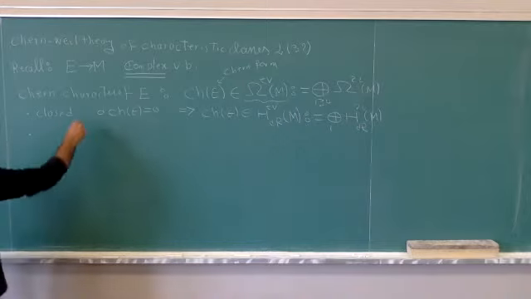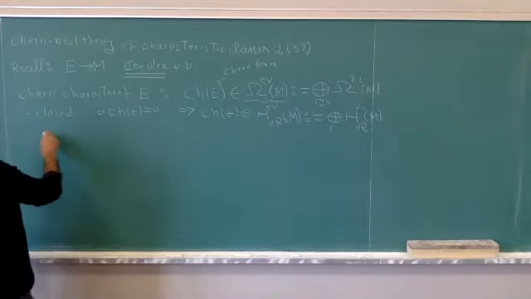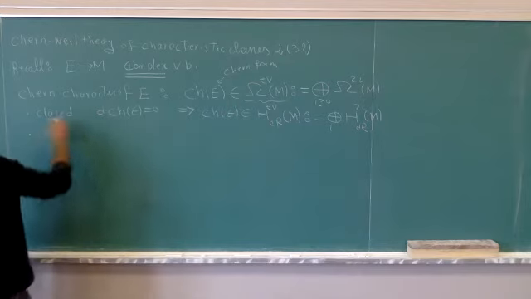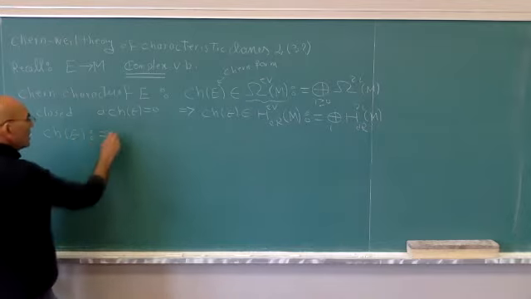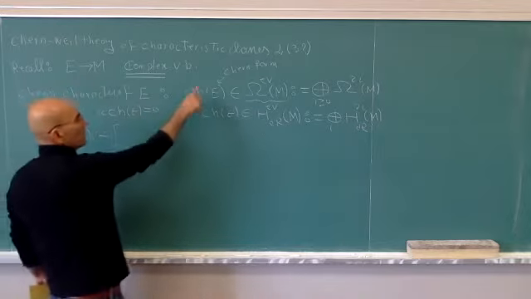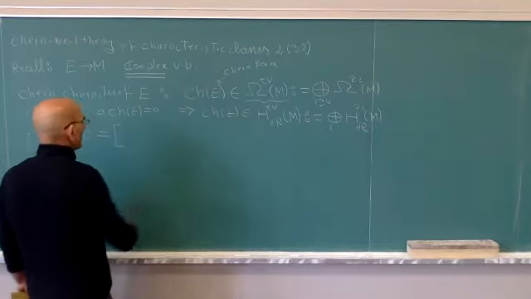Okay, so what was the definition? Its definition was like this: CH E by definition we defined to be the class of the trace of the exponential of minus R over 2 pi i. I'm a bit inconsistent here, but I explained what I mean.